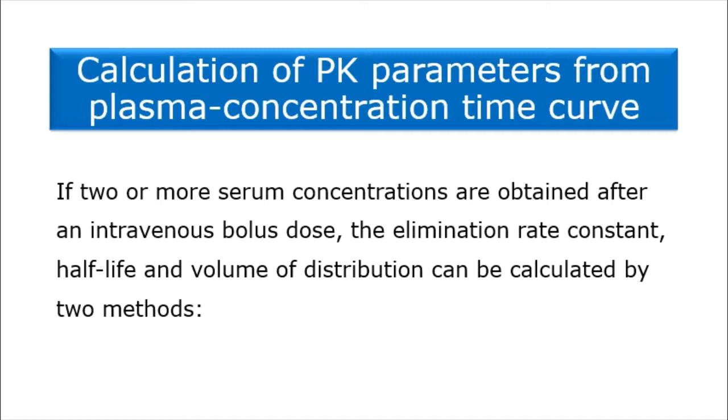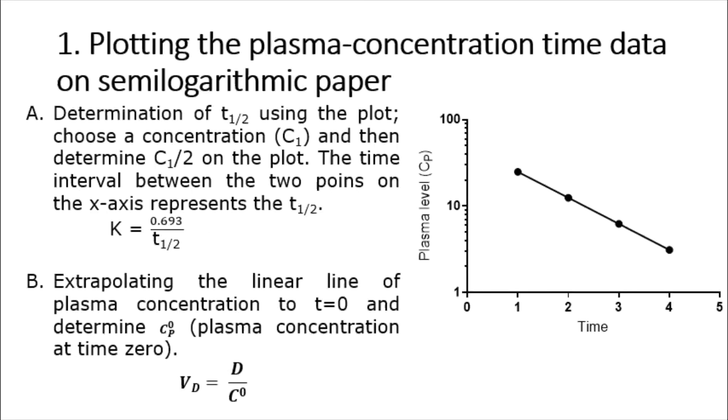But if we have a patient in the hospital and we have a machine like an HPLC to measure plasma concentration of a drug, we can simply measure two or more plasma concentration time points from the patient, and then we can calculate the pharmacokinetic parameters of a drug like half-life and volume of distribution. This can be done by two methods. First is plotting the plasma concentration time data on a semilogarithmic paper.